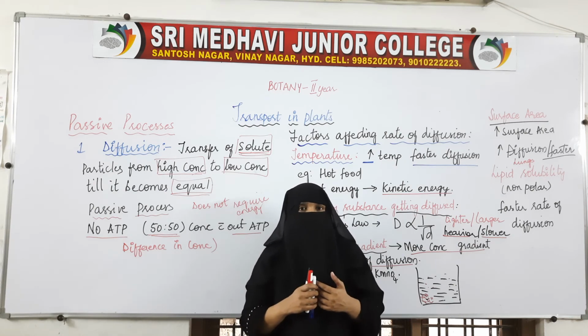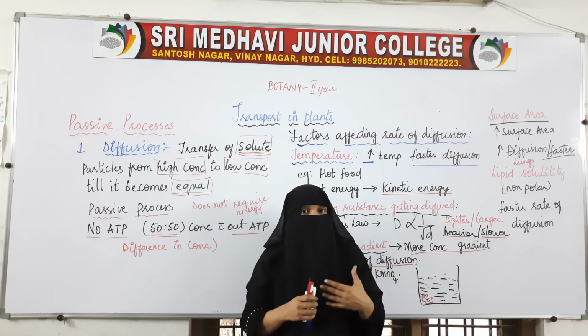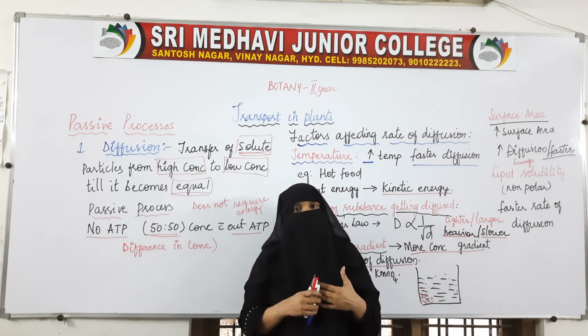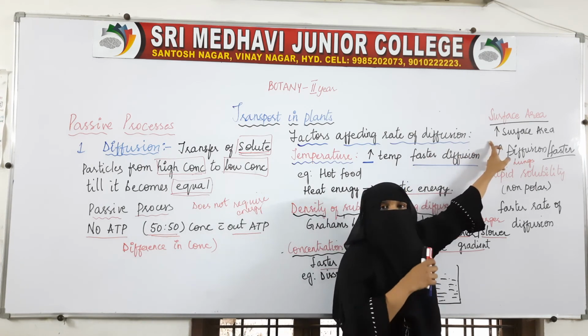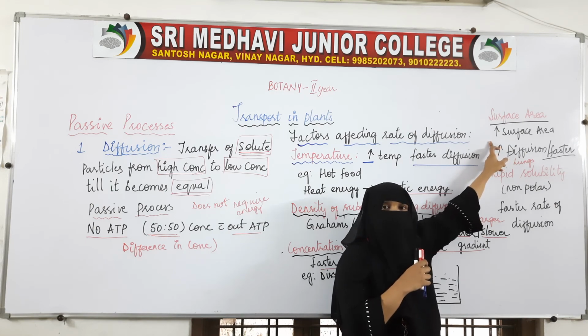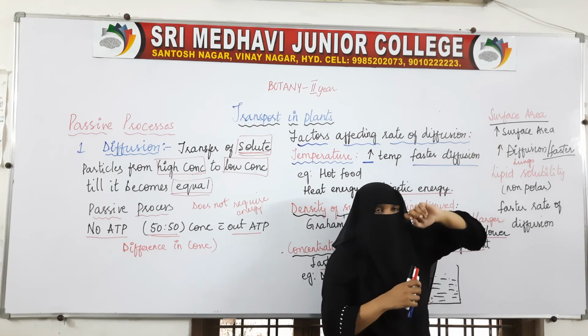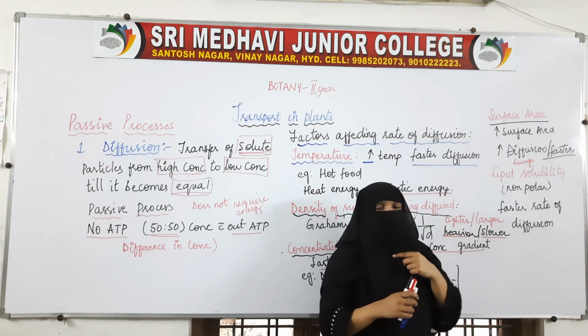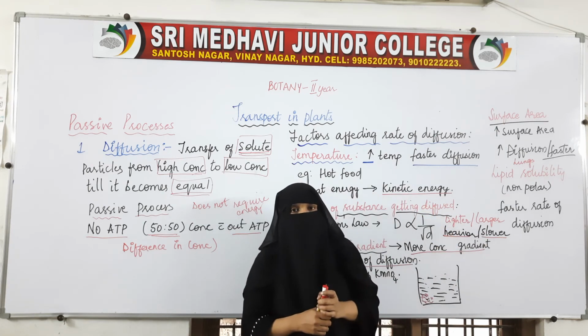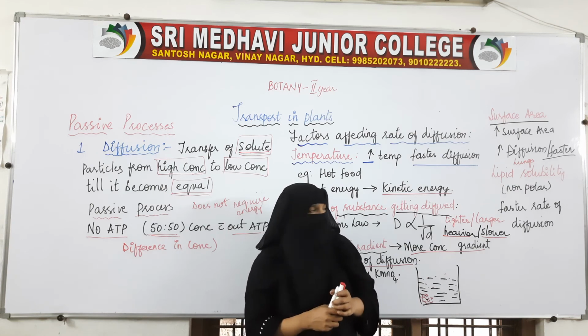The surface area will be reduced and the number of air molecules going inside will be less. So if the surface area is more, then the rate of diffusion will be more, that is, more particles will be diffused. And if the area is less, then the rate of diffusion will also be less.